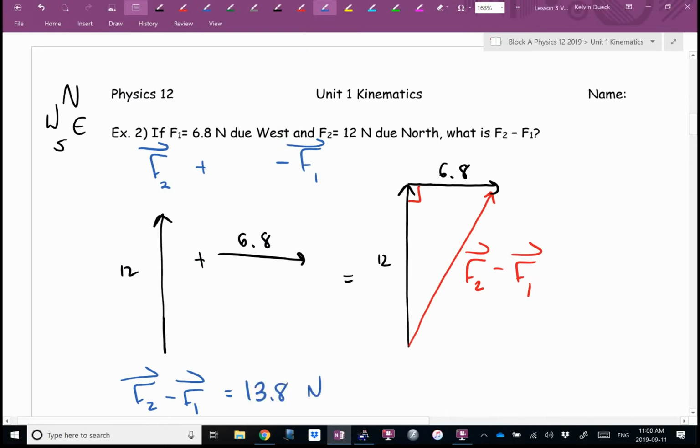Newtons, units, at, where's theta going to go? Bottom left or top right? Julianne? Bottom left, where it's coming from.